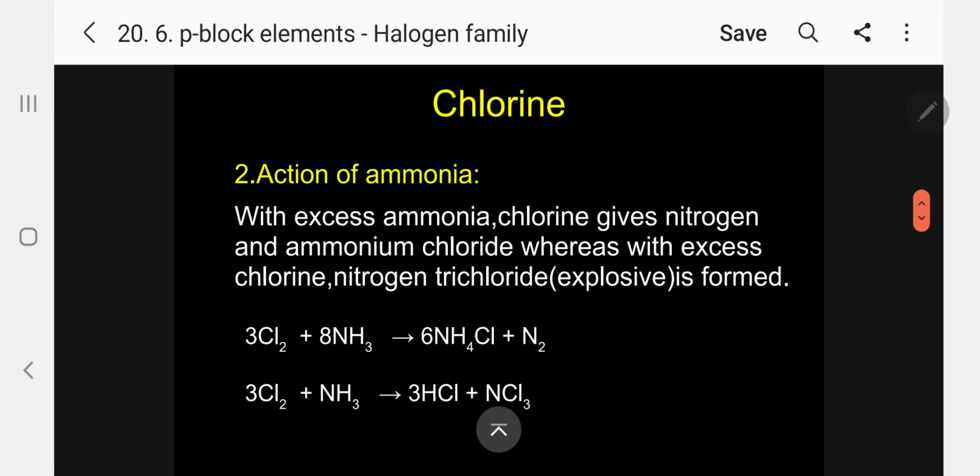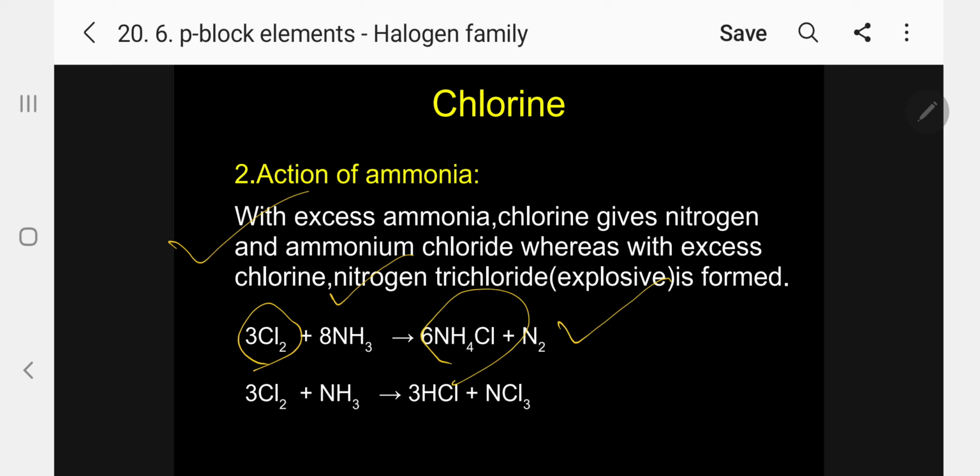Coming to the action of ammonia. With excess ammonia, chlorine gives nitrogen and ammonium chloride, whereas with excess chlorine, the explosive nitrogen trichloride is produced. Ammonia reacts with chlorine to produce ammonium chloride and nitrogen at ordinary conditions, when ammonia is in excess. But with a limited quantity of ammonia and excess chlorine, we get HCl and NCl3, nitrogen trichloride, which is an explosive.